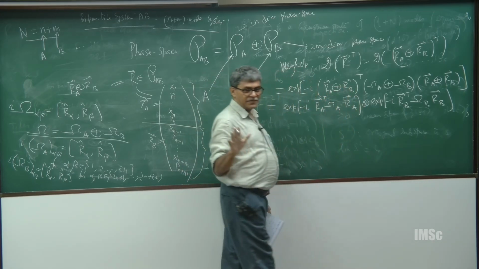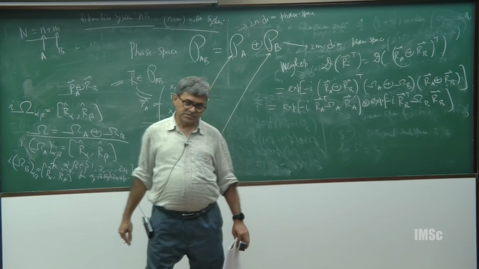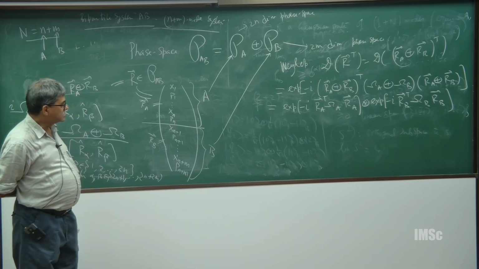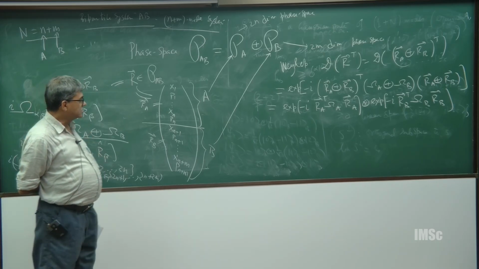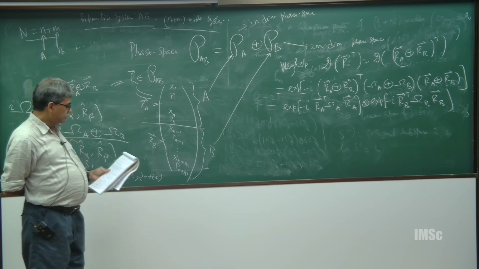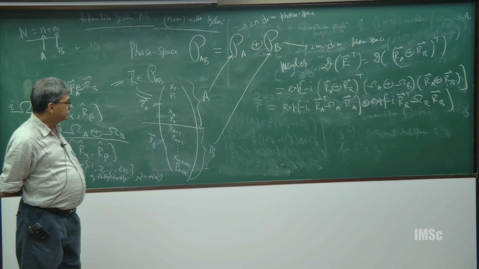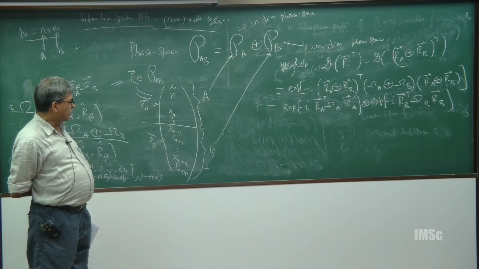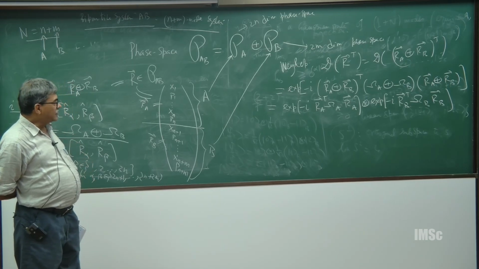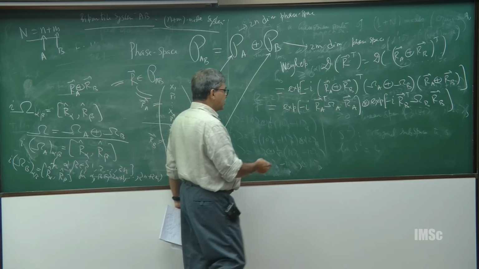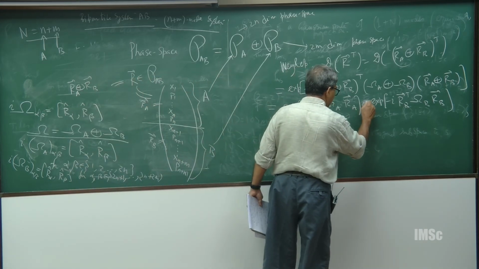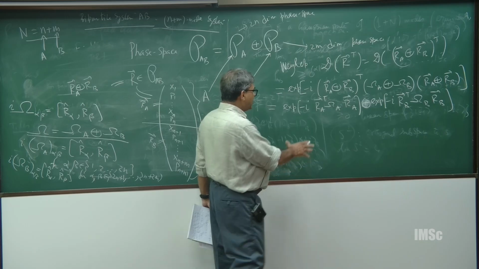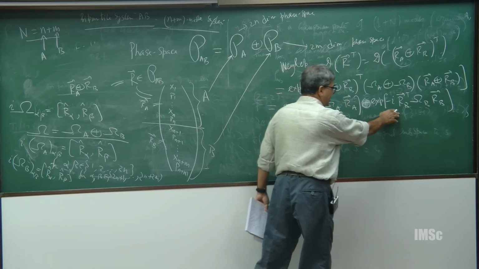A and B are different systems. Yes, but the dimension of the space is much bigger, so this one is n plus n. Exponential will again be an n plus n matrix, but when you take the tensor product of two exponentials, that becomes n into n. Yeah, but at the operator level, it doesn't matter. If I take a direct sum, then it means that this will act on the A subspace and this will act on the B subspace, right?